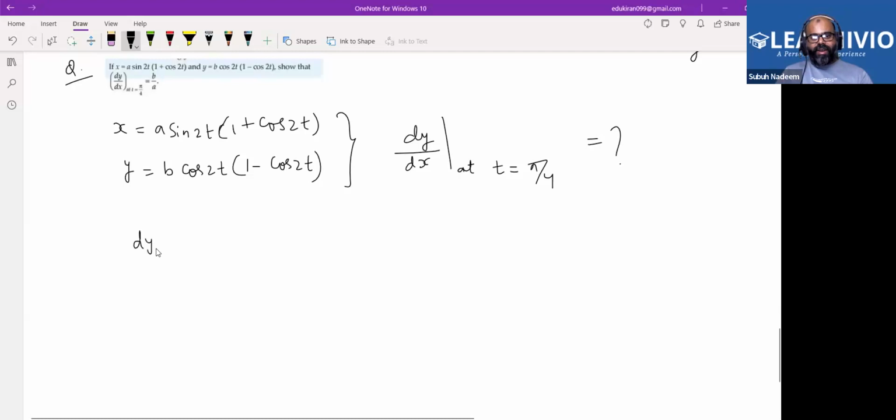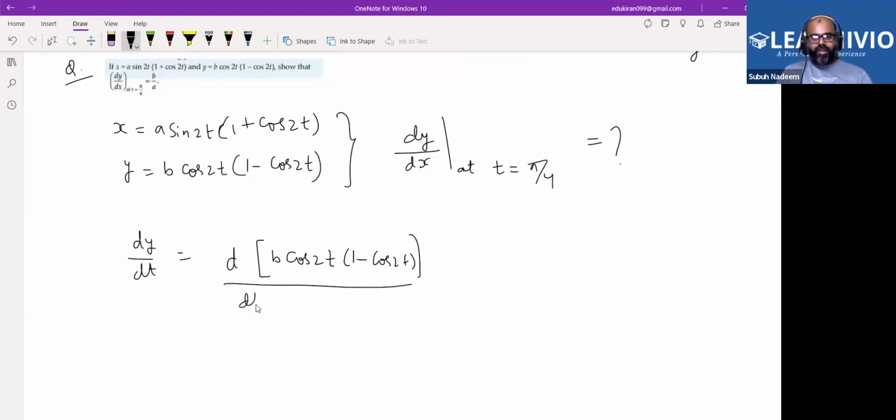So you have to find dy by dt and dx by dt, right? So first of all, y is b cos 2t into 1 minus cos 2t. And you differentiate it with respect to t. B is a constant, it will come outside. And then you will apply the product rule, right? Like this is u, and this is v.